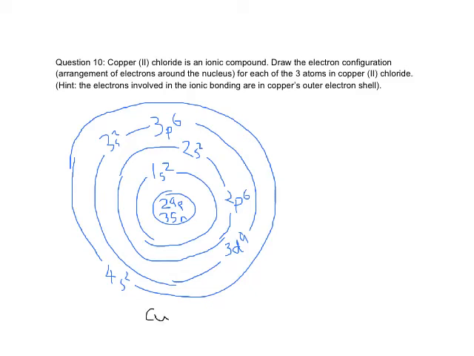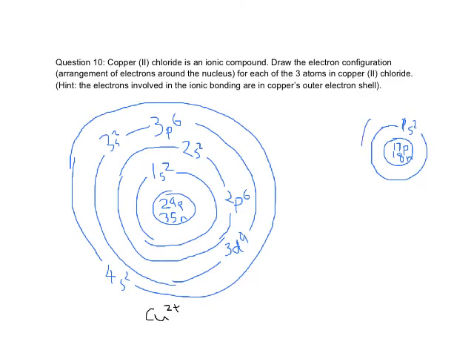This is copper 2 plus. You can see the 2 plus comes from the 2 electrons in the outer shell, because there's 2 s electrons in the outer shell. Chloride's fairly easy to draw. Chlorine has got 17 protons, and it's got an atomic mass close to 35, so that's 18 neutrons. Each of the atoms will have, going into the first shell, 1s2, because there's only s electrons in the first shell.